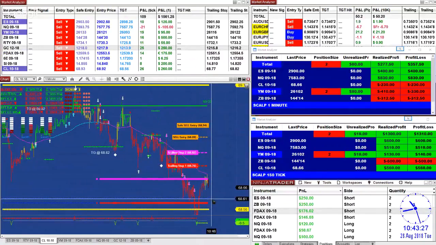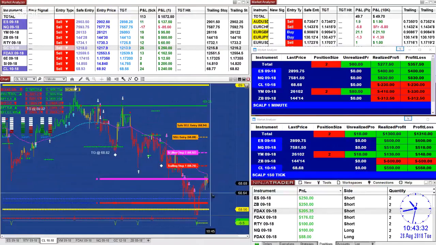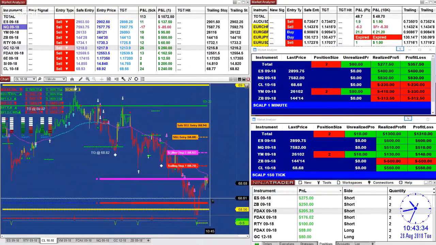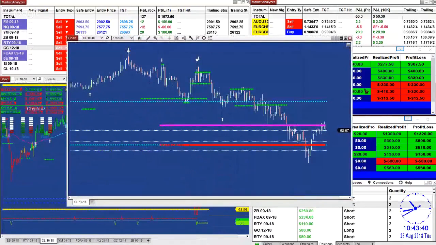The CL is coming to the 68.61. We had a short here, but this is 7-8 ticks a trade. I'm not calling that trade on the CL.